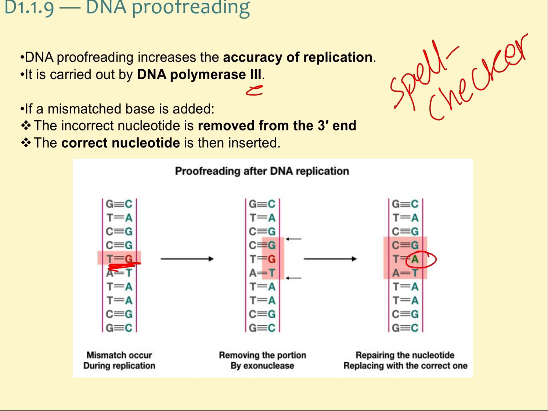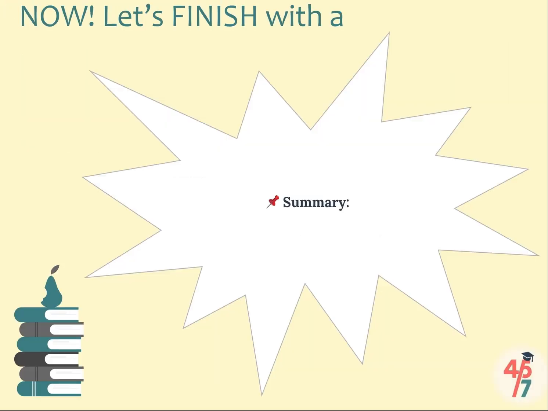Alright, this is critical to prevent mutations. As I said earlier, any mistake in such a step is a mutation, and we're going to study mutations in DNA later on. So alright, that is the full checklist for topic 1.1.